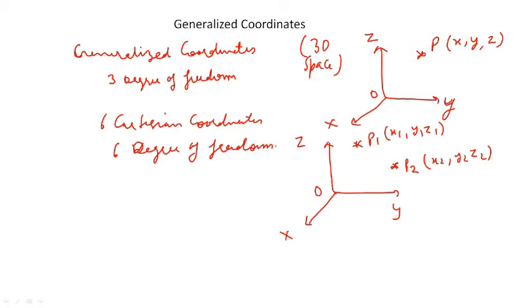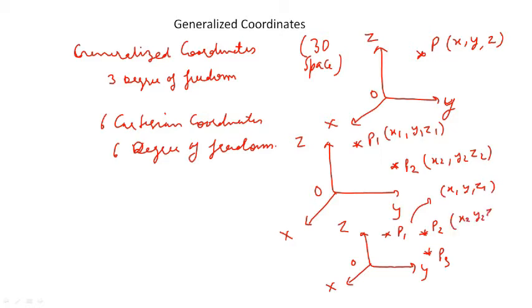Right? Now let us say there are three particles. This is x-axis, this is y-axis, this is z-axis. Say this is P1 particle, this is P2, and this is P3 particle. These three particles have the Cartesian coordinates: P1 has x1, y1, z1, P2 has x2, y2, z2, and P3 has x3, y3, and z3.